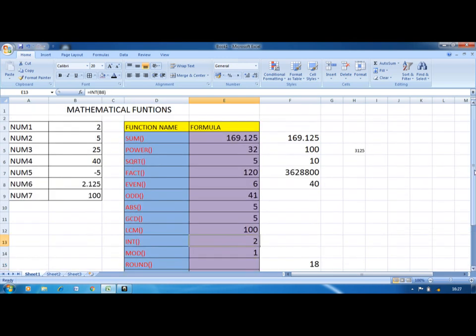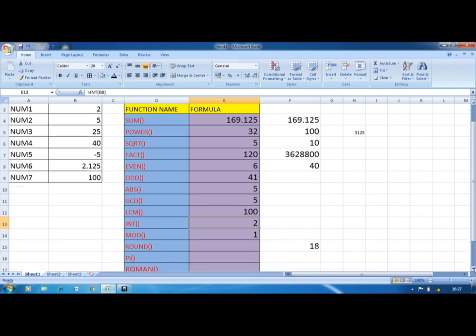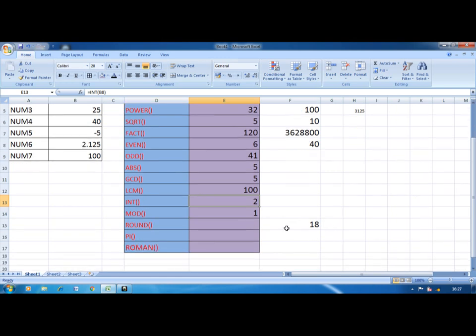Next function is ROUND. Equal to ROUND. Now I will write one number, 12.123478, comma, I will write 4.